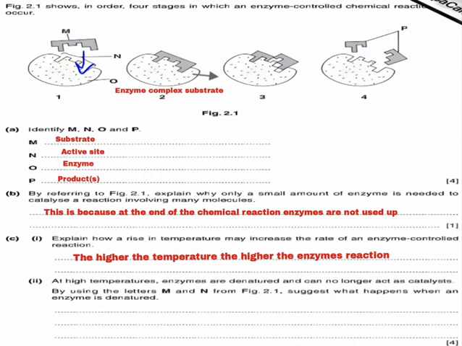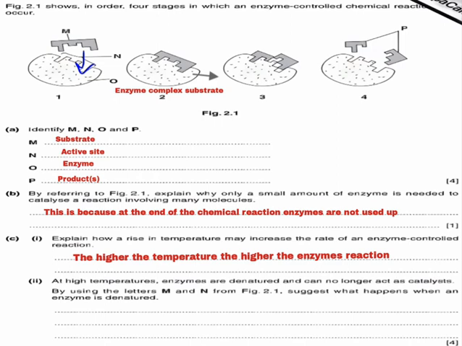Denaturation is defined as the process by which the active site of an enzyme is disturbed so that it can't accept the substrate, part M. So part N is going to be disturbed, so that it fails to accept part M, the substrate in this case.